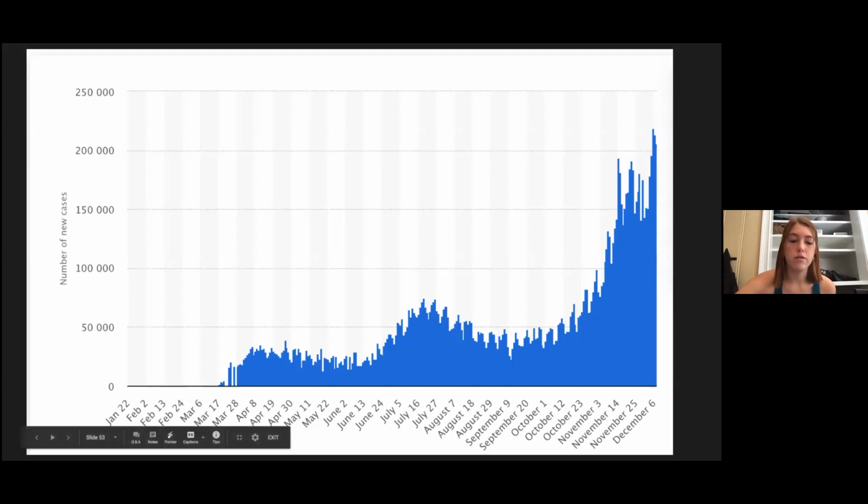And also the COVID exhaustion, where people are beginning to give up on following safety protocols because they're tired of it and they want to get back to normal life. And also the huge push to reopen the country for economic purposes, and also just because people want to get back to normal life. Next slide.